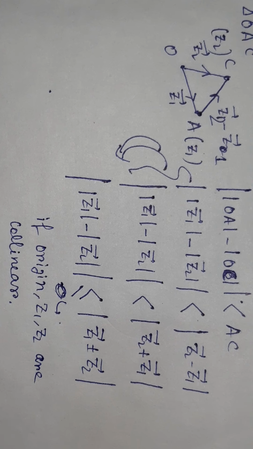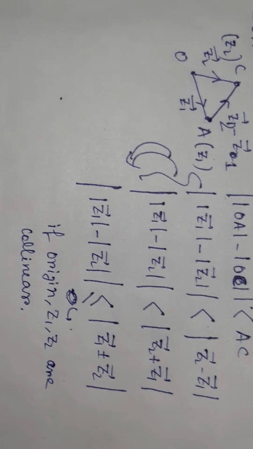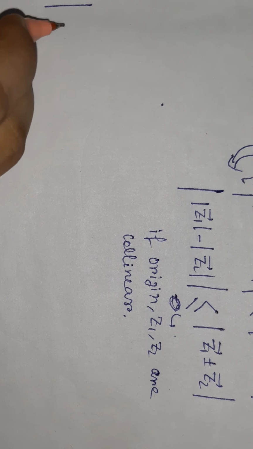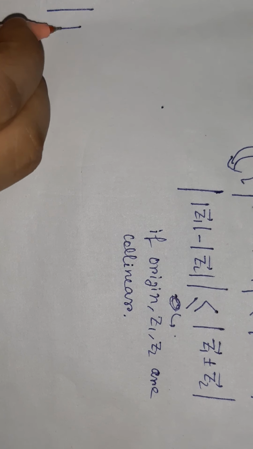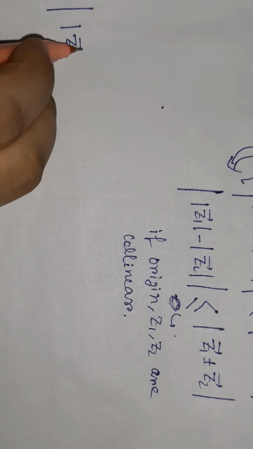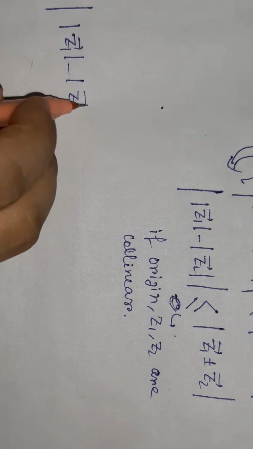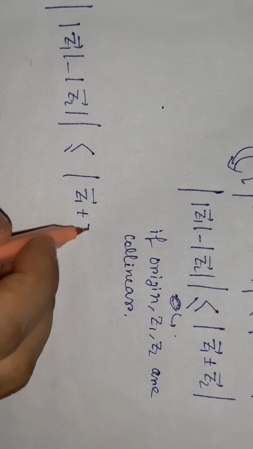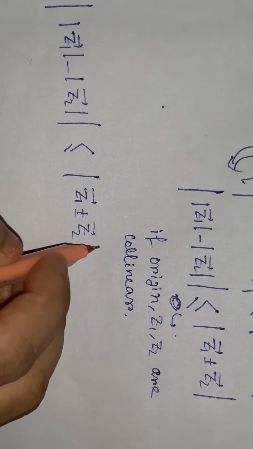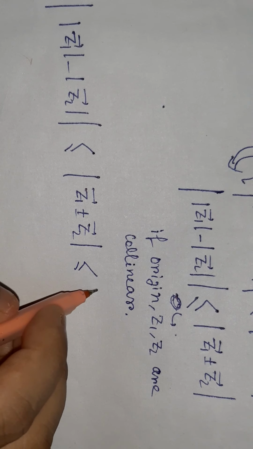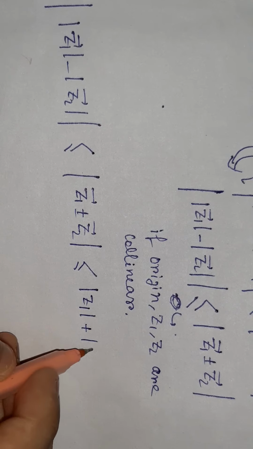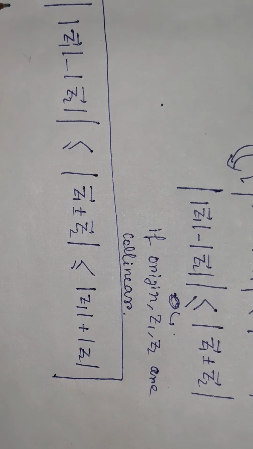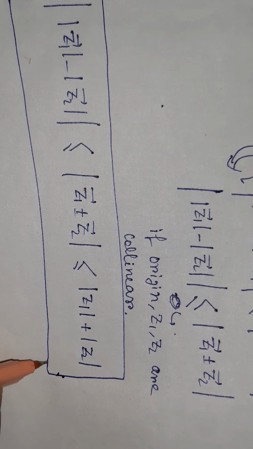We can combine these two inequalities to form a single most important inequality: modulus of Z1 minus modulus of Z2 is less than or equal to modulus of Z1 plus minus Z2, which is less than or equal to modulus of Z1 plus modulus of Z2. This combines very important properties of inequalities in complex numbers.